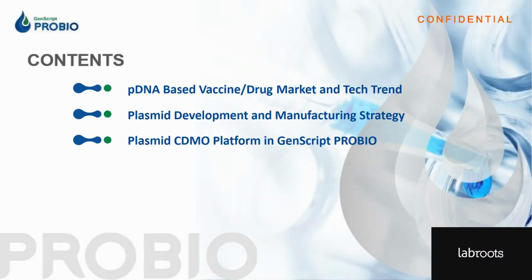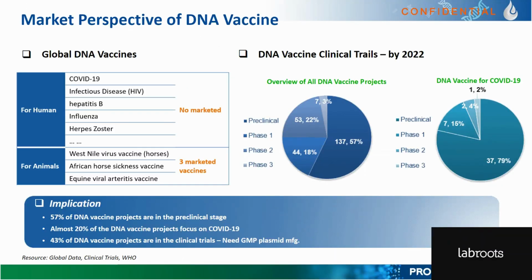First, I would like to introduce some of the pDNA-based vaccine drug marketing and trends. The outlook of the DNA vaccine market appears very promising. Currently, there are no available candidates for human use, and only 3 options exist for animal use. This leaves significant room for the development of new products.